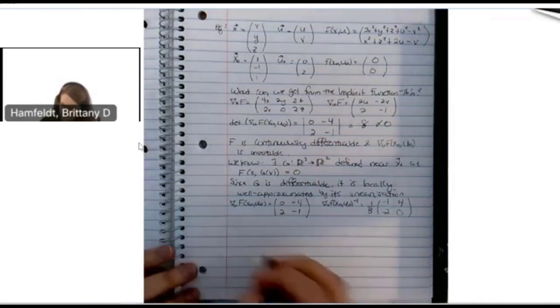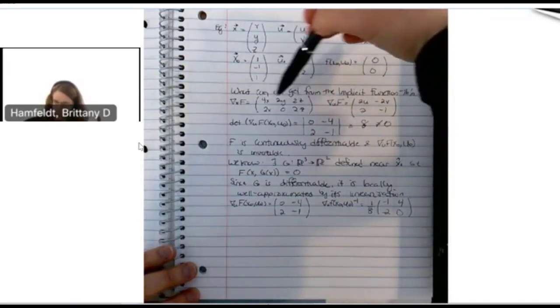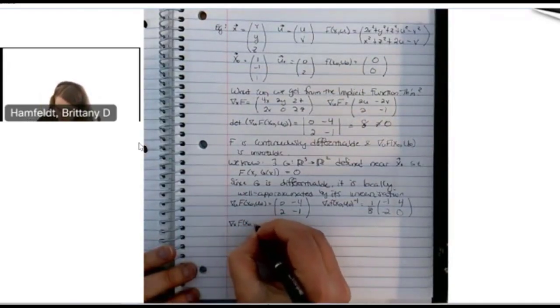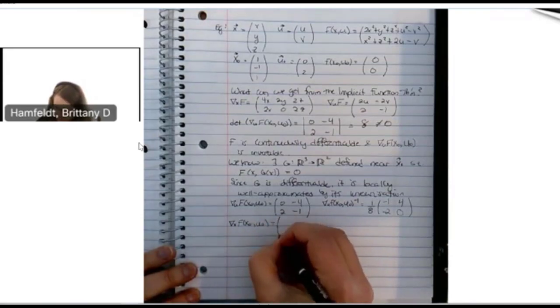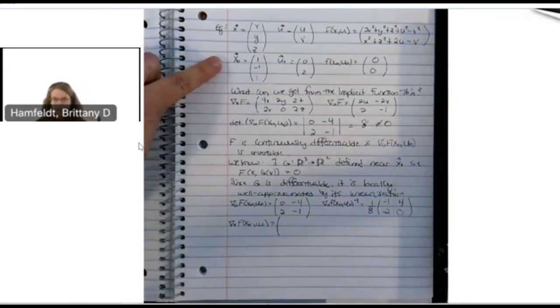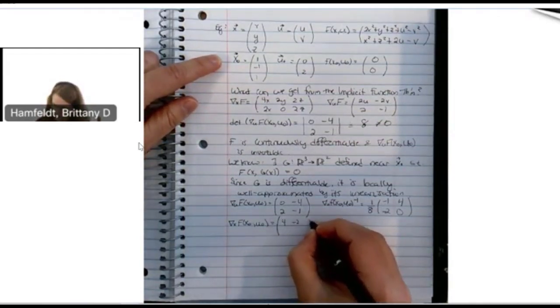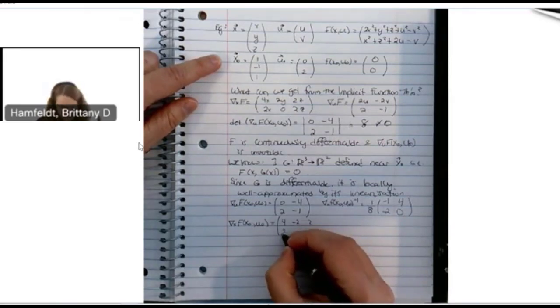I need my X Jacobian, which again, we already worked out what it is up here. I just need to plug in my reference point. Okay, so where's my reference point? It's 1, minus 1, 1. Okay, so I'm going to get 4, minus 2, 2, and 2, 0, 2.